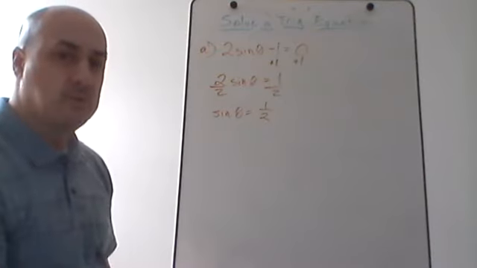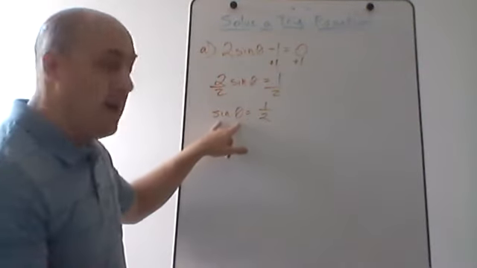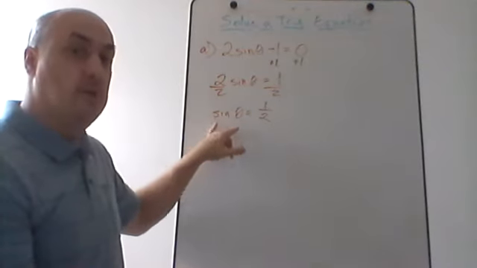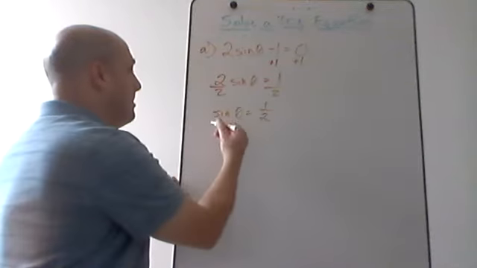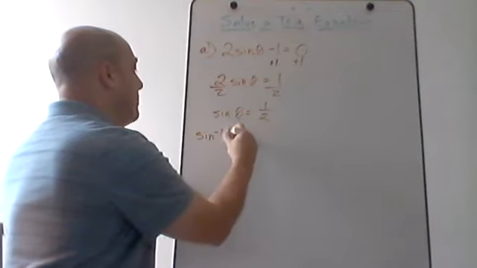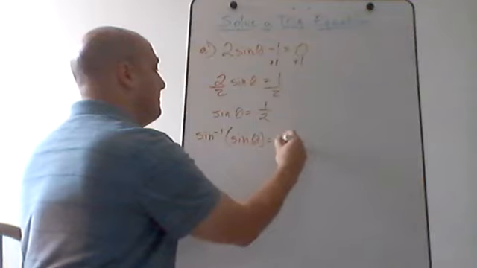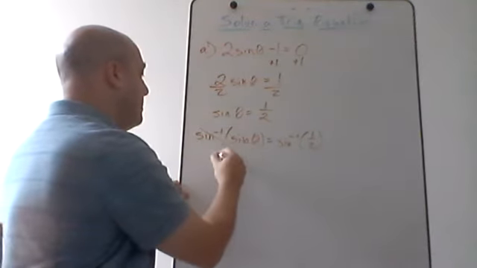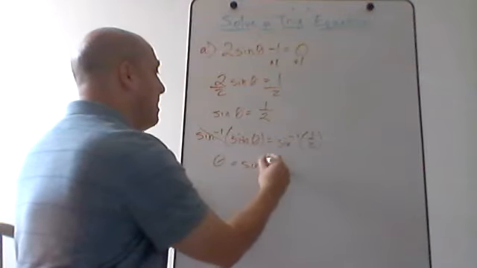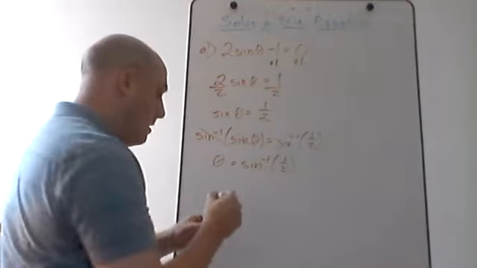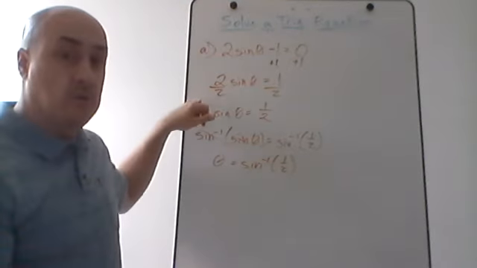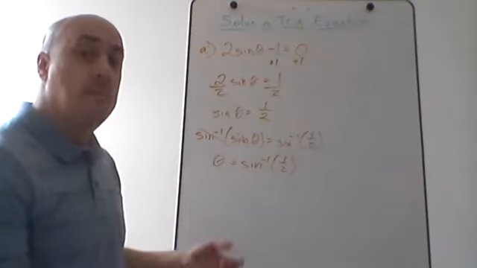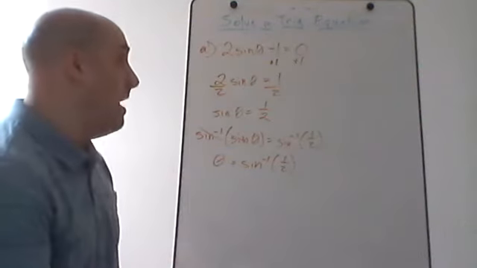Sine theta equals 1/2, and now that I have that trig function isolated on one side of the equation and all the numbers on the other side, to cancel out that sine function, I can do the inverse sine function on both sides of the equation. If you've been watching the other videos I've done on other topics, just like when you're solving exponential or logarithmic equations, the first thing you have to do is isolate the exponential term or the logarithmic term before you can use the inverse function to cancel it out.